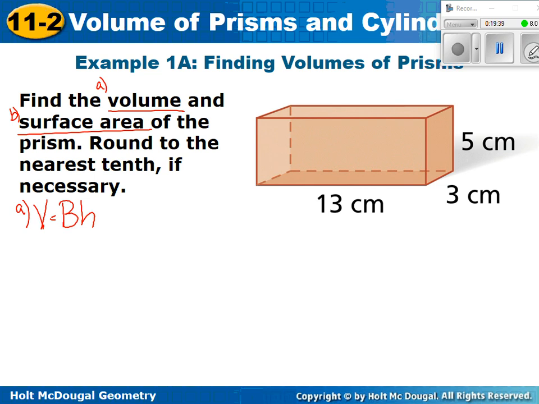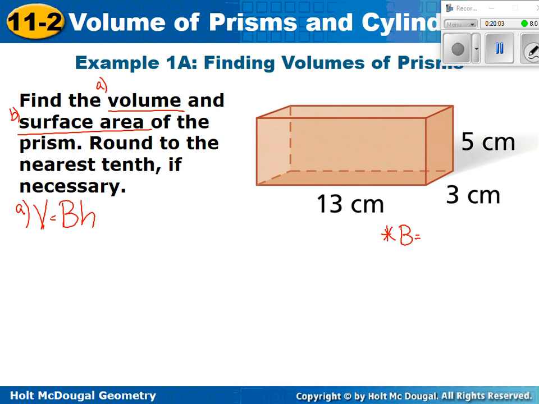Then I would go over to my paper and I would write capital B equals, and I would do that separately on my paper so that when I'm ready to find the surface area, I already know what capital B is. If you start putting it in your volume formula, you're going to make a mistake later and put the whole volume in for B. I promise you, I see it every year. So don't do that. Capital B means area of the base.